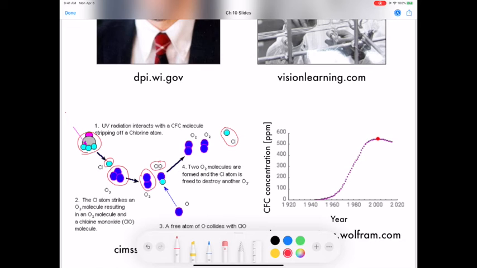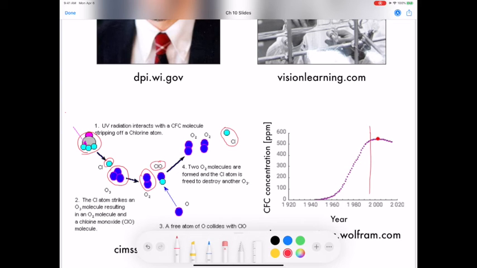And so what you see here on the right-hand side is a plot where the y-axis is the CFC concentration in our stratosphere, and the x-axis is the year. And you could see that before 1990, so right here, you could see that CFC concentration was just continuously increasing. And as a result, that led to a continuous decrease of the ozone concentration in our stratosphere.